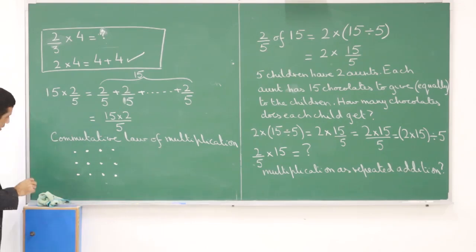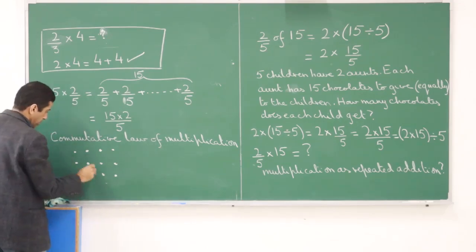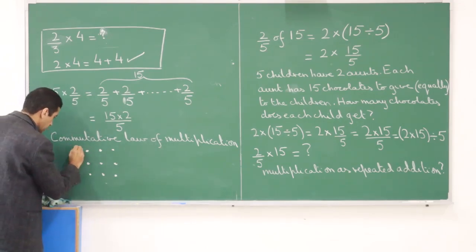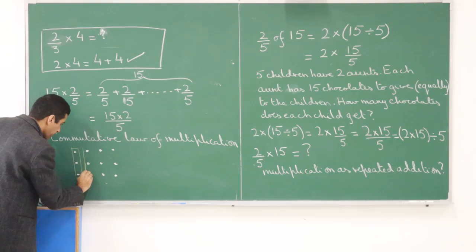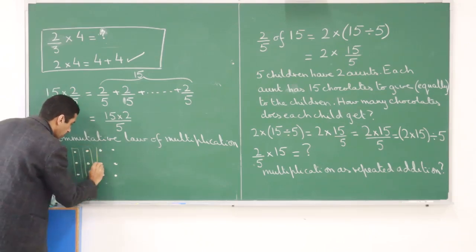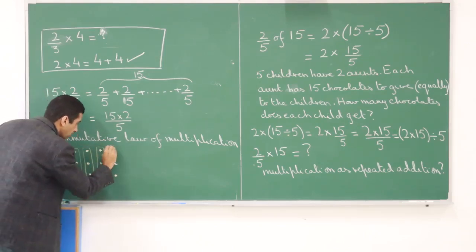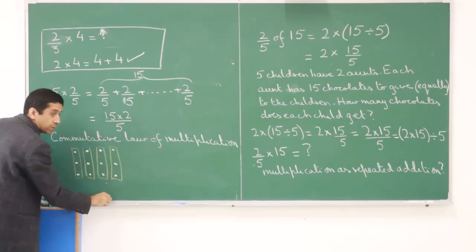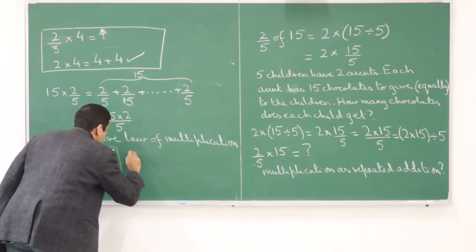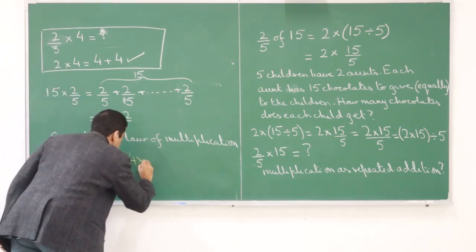So now if you look at it vertically, you have a 3, you have a 3, and you have a 3, and you have a 3. So that means you have 4 3s.